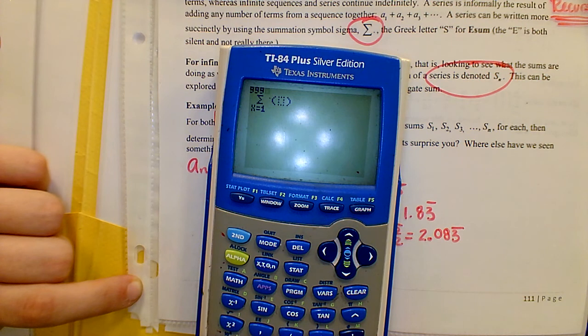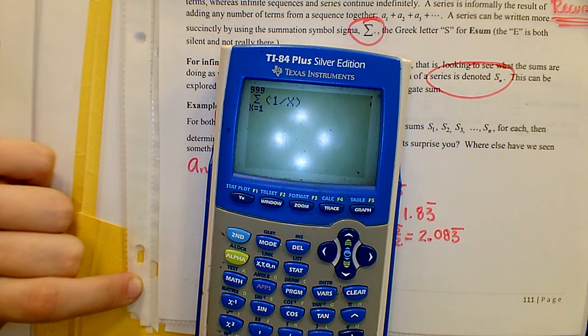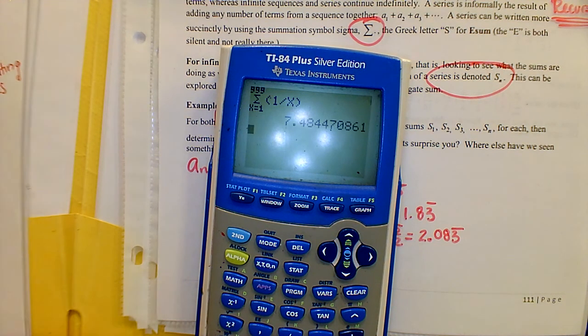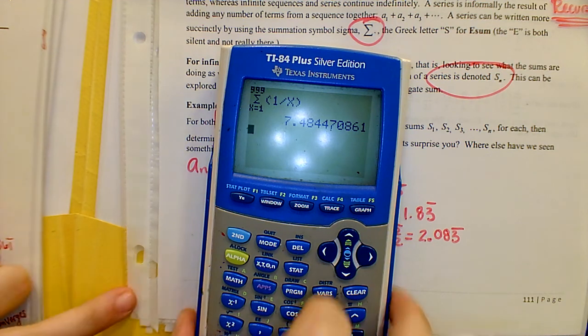So we'll let that be the upper bound, and then we'll write in our rule 1 divided by x. 7.484. Can we get that?